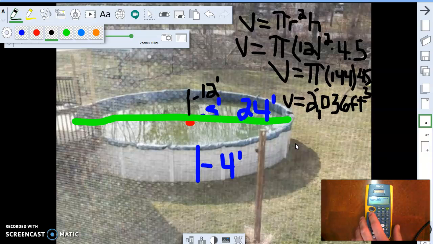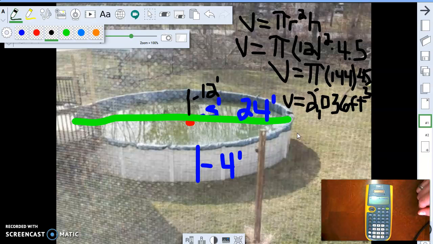So to figure out how many gallons go into this pool, we have to take 2,036 and multiply that by 7.5. And that should give us 15,270 gallons. So my pool can hold 15,270 gallons.